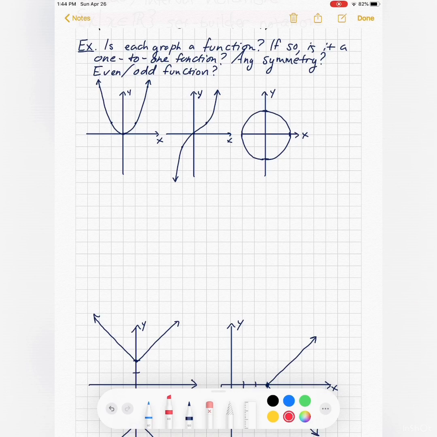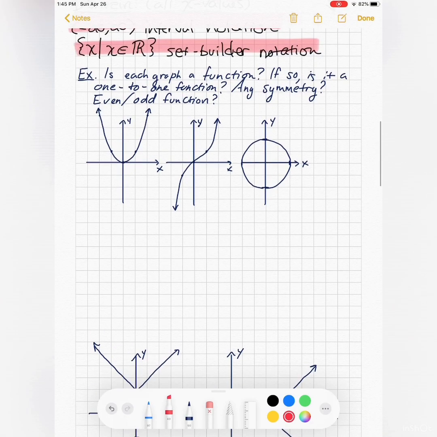So the next thing is kind of some terminology, some little definitions that you'll remember from algebra. So first of all, I have this series of graphs. First question is, is each graph a function? So maybe let me see if I can move this down a tiny bit.